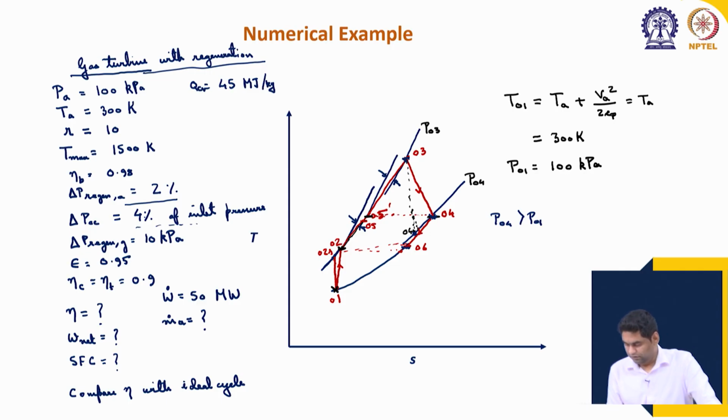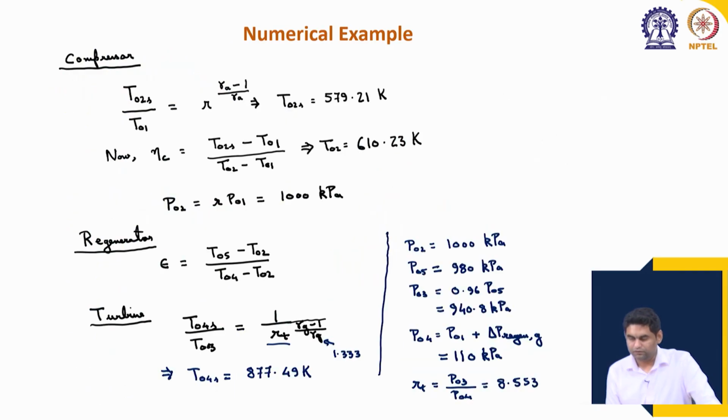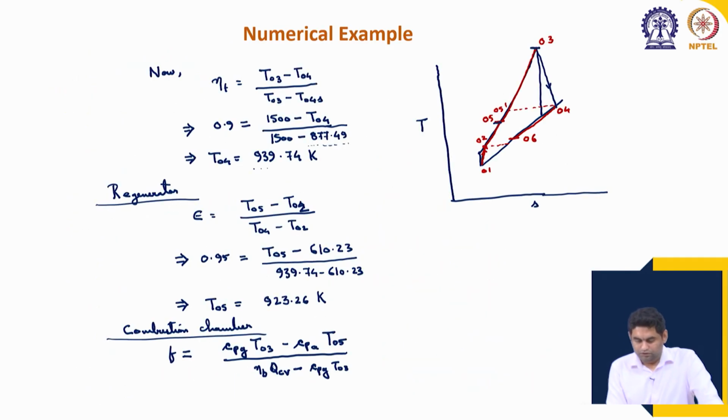Okay. So, CPG, remember, is 1.148 kilojoule per kg Kelvin, CPA is 1.005, T03 is 1500 Kelvin, T05 we have calculated just now, 923.26 Kelvin, and combustion efficiency is given, calorific value is given.